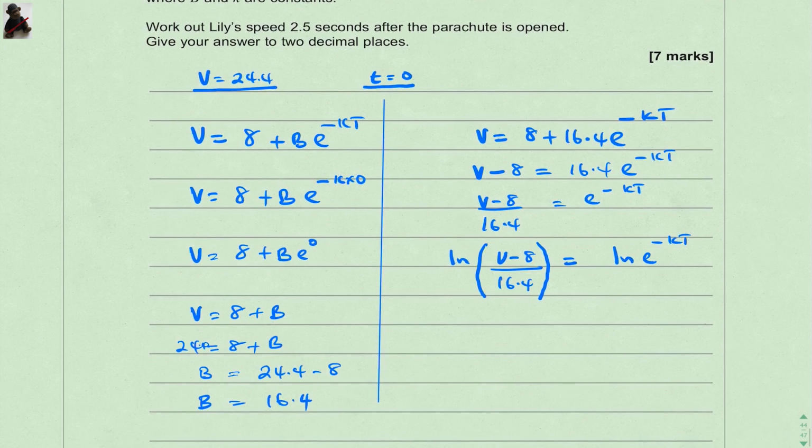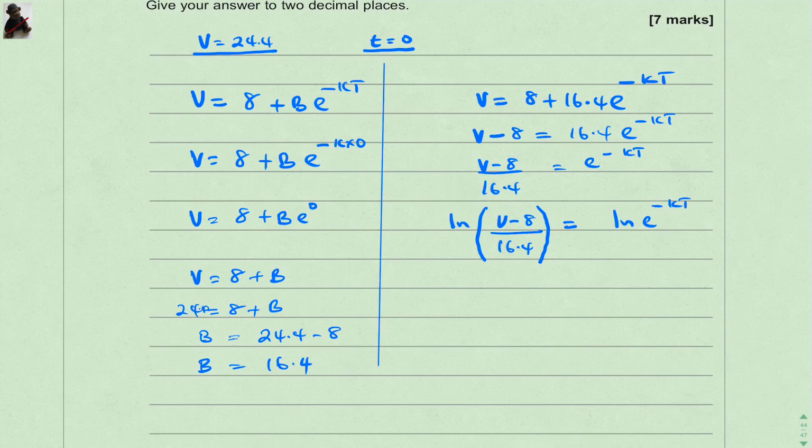Now I need to use the power law and bring minus kt in front of ln. So that will be ln of v minus 8 over 16.4 equals minus kt ln e. But we know that ln e equals 1.